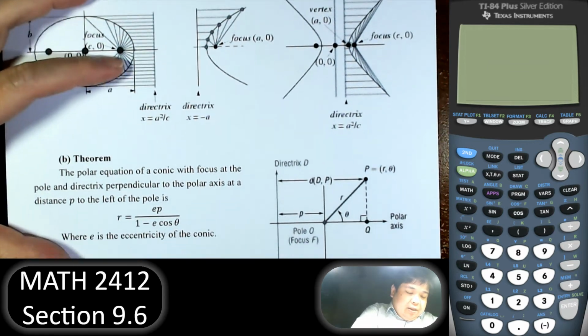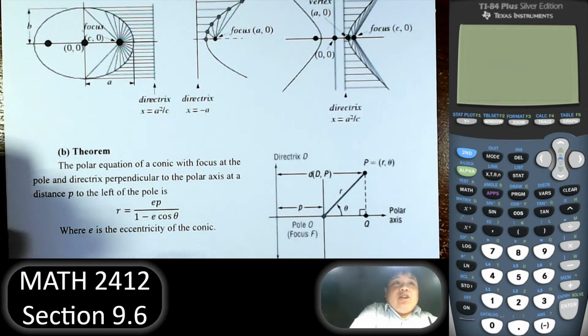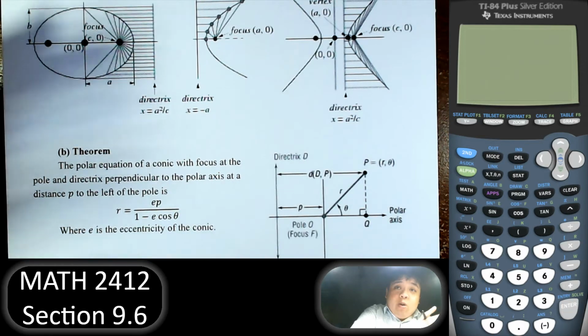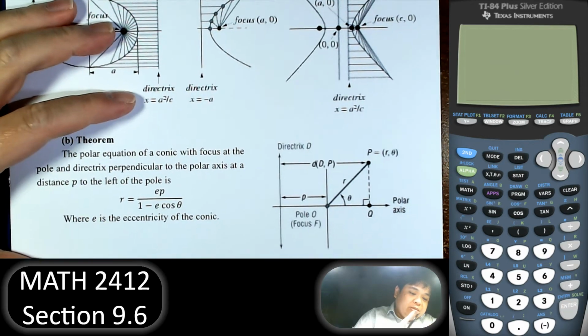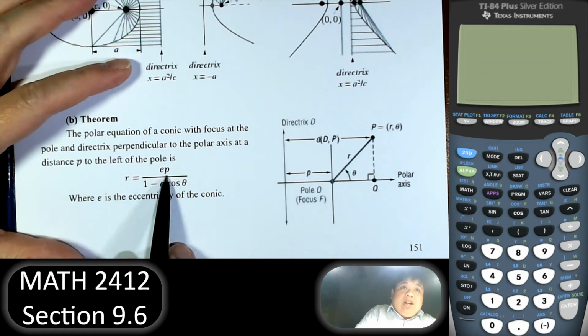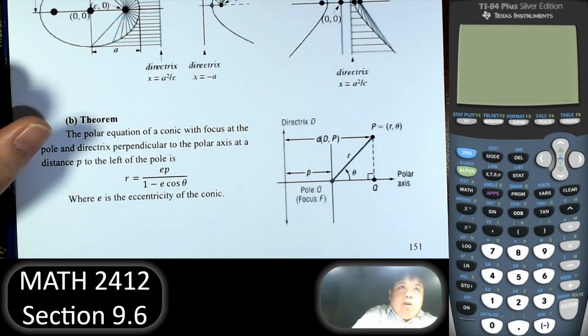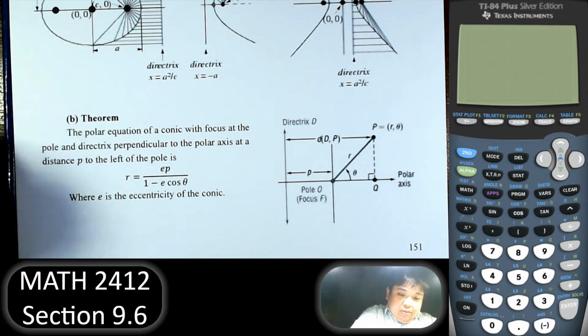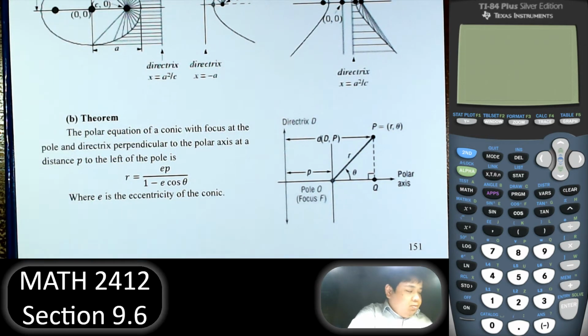Right. Now, in this section though, what I really want to focus on is how do we go from this equation of the polar form of a conic section, and turn that into an equation in rectangular form.